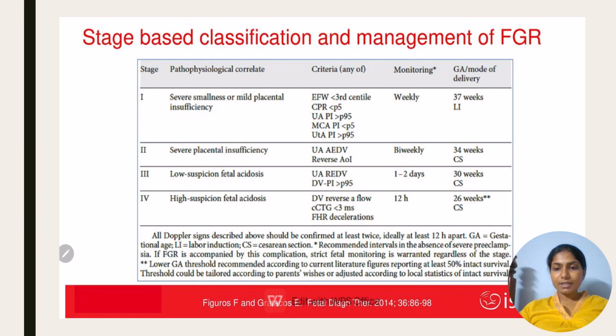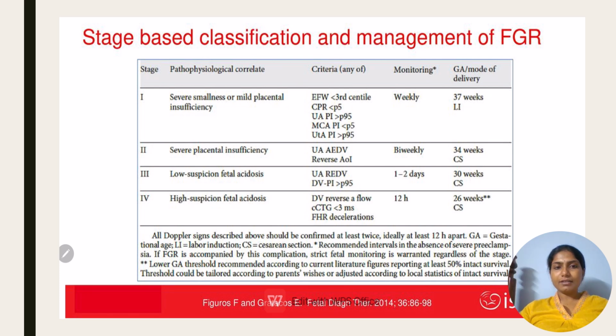So for all SGA babies and FGR babies in the first stage, we have to deliver by 37 weeks. There is no point in continuing the pregnancy beyond 37 weeks. This is a very important take-home message.